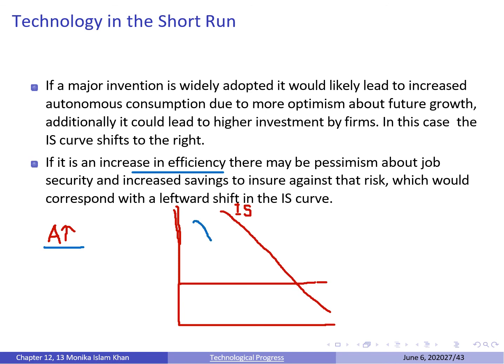So your IS curve shifts to the left. If your IS curve shifts to the left, then output shifts to the left, which means that there is a decrease in the employment level in the economy.